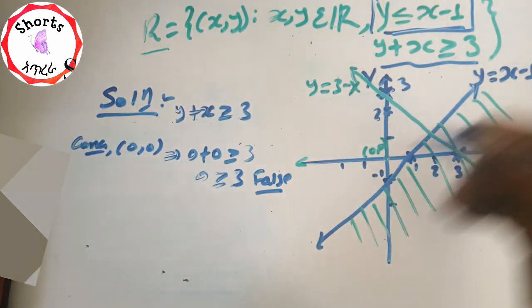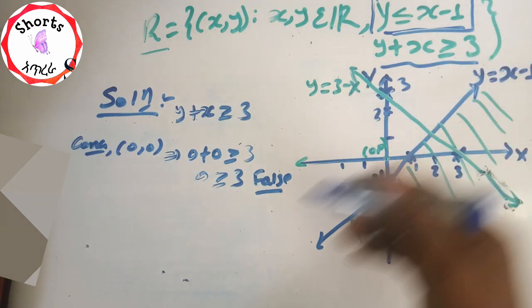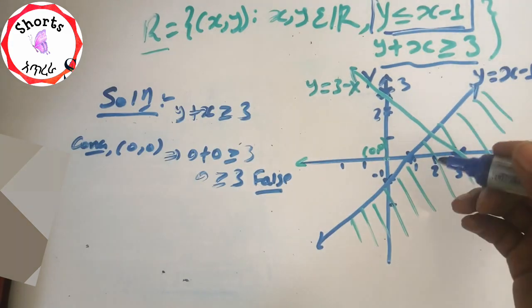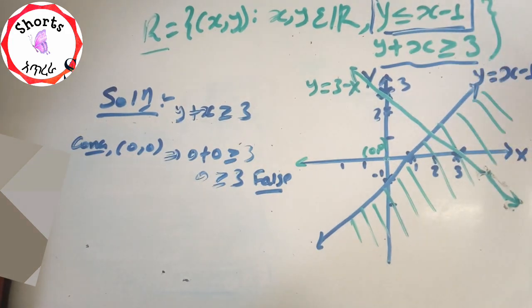If this side is false, you can be sure that above the graph it will make positive values. Therefore, we shade the graph above. We shade the graph as follows.